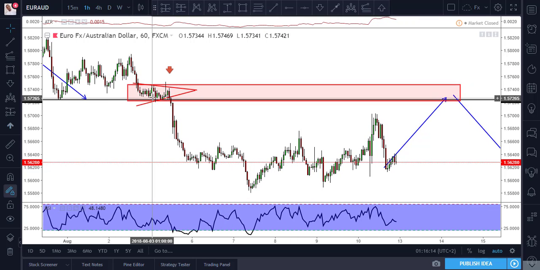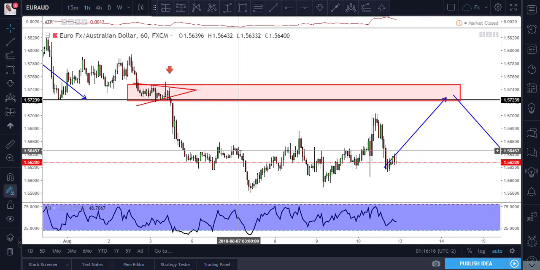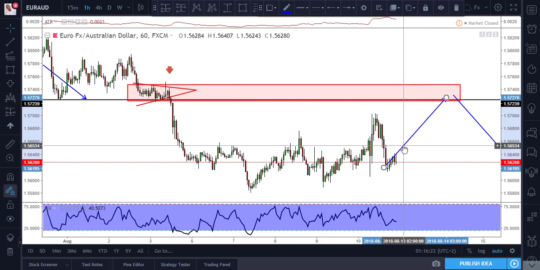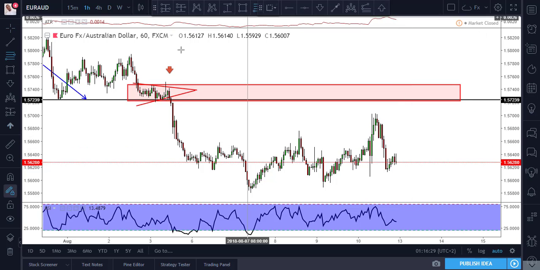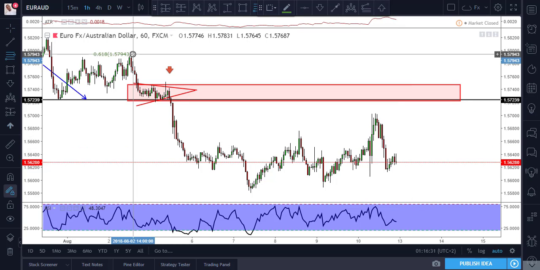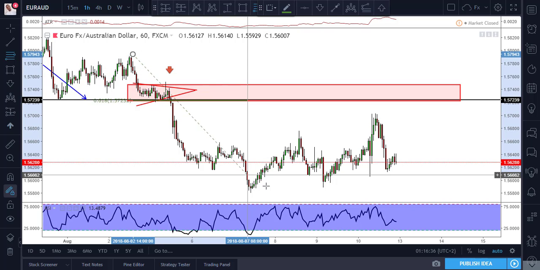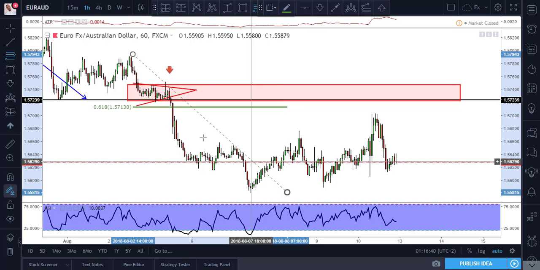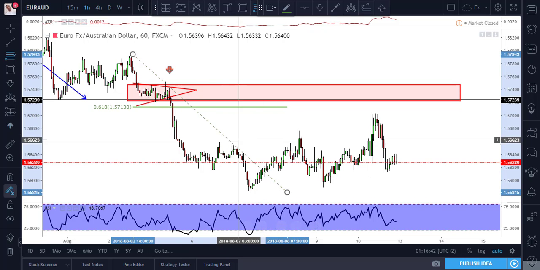So now that I noticed my interesting point, which is at 157.23, I'm going to have to take a look at Fibonacci confluence. So I'm going to take my Fibonacci retracement, take it from our previous impulse leg right there, and drag it back across to our low right here.